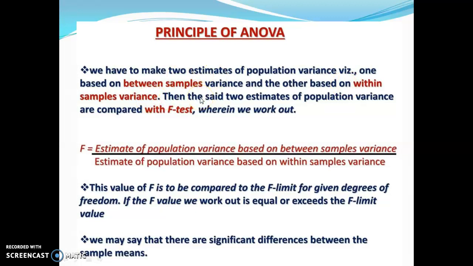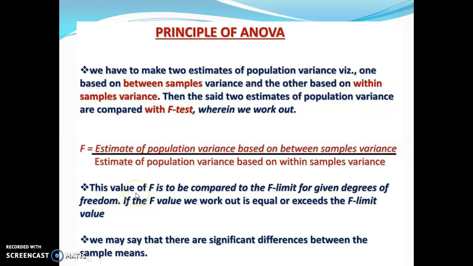Then the two estimates of population variance are compared with the F test, that is Fisher's test, wherein we calculate F as the estimate of population variance based on between-sample variance over the estimate based on within-sample variance. By using this formula, we calculate the F test.